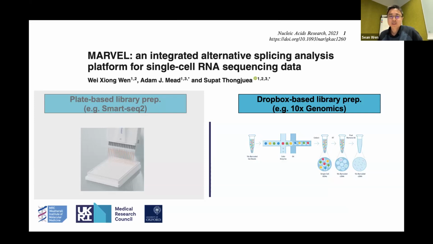So I realized that I had to incorporate features to handle droplet-based RNA sequencing data sets, such as 10x Genomics. In the next few slides, I'm going to show you the application of Marvel on those data sets.